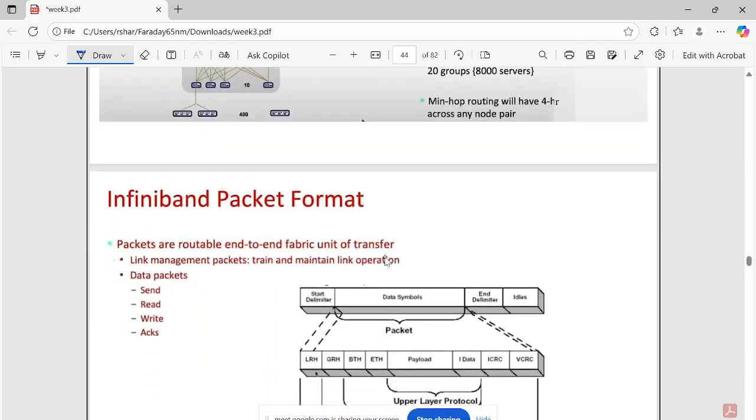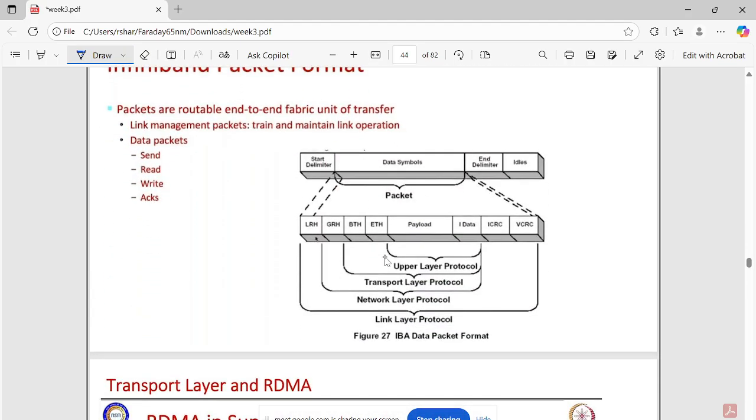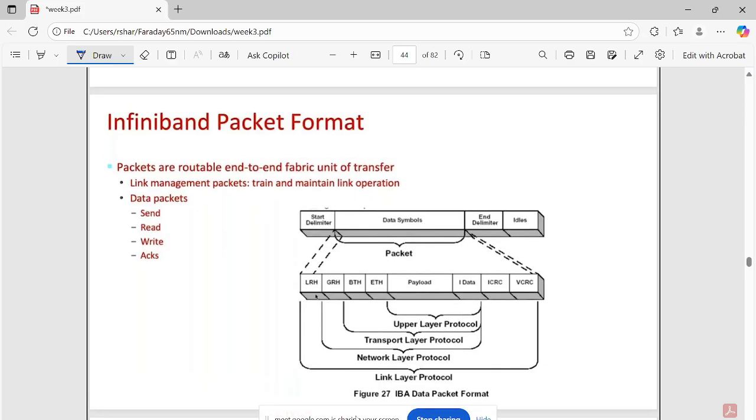So in the InfiniBand packet format, we are sending zeros and ones, which are bytes put into packetized format from the server. The packet contains some delimiters to tell that one packet is coming. Send it out.